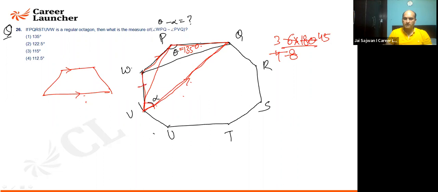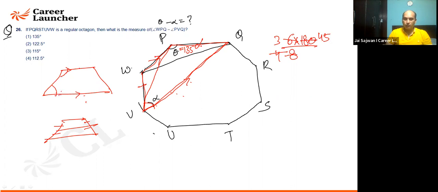Because of symmetry, this side is equal to this side. This is also equal, so I'll say this must be parallel to this one. Remember I said that when there is a middle point and you draw a line, if they are equal. So here also it is coming out to be equal. So can I say this line will be parallel to this one? So it is a trapezium and the sum of the opposite angles will come out to be 180 degrees.